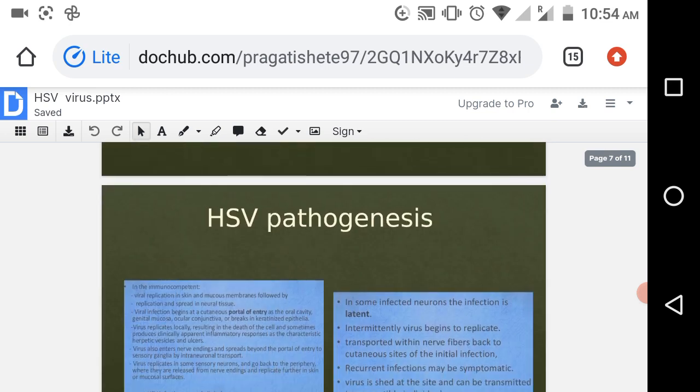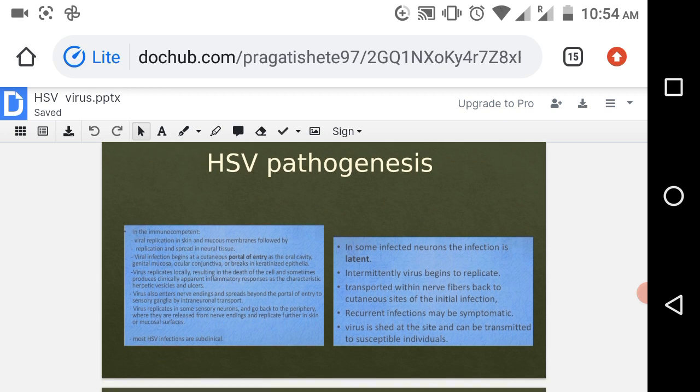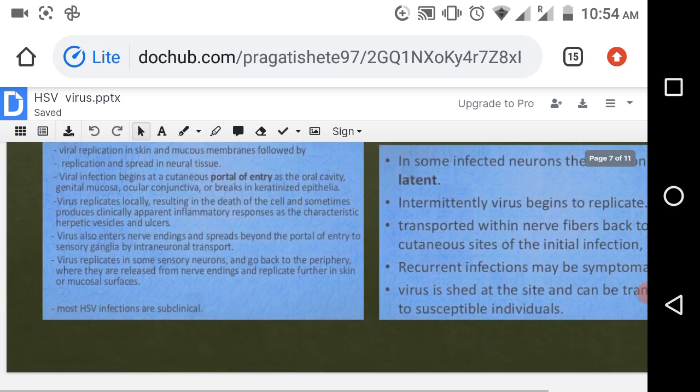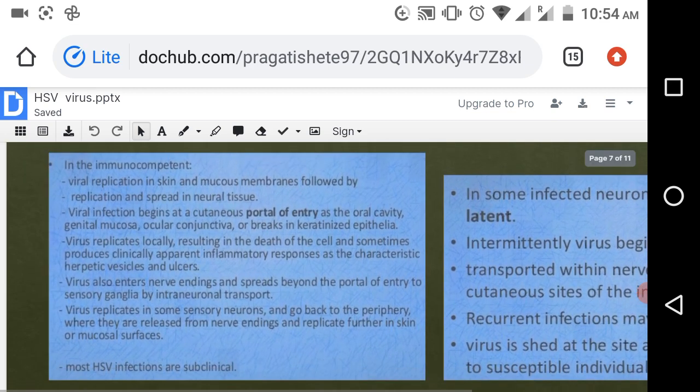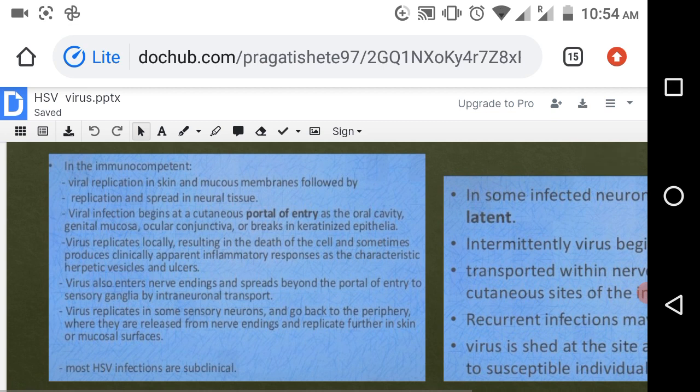In this one we will start with the pathogenesis of the herpes simplex virus. Starting with the immunocompetent person, in the pathogenesis we'll see how it is transmitted, what its route of transmission is, and how it develops the disease or infection inside the host once it enters the host cell.